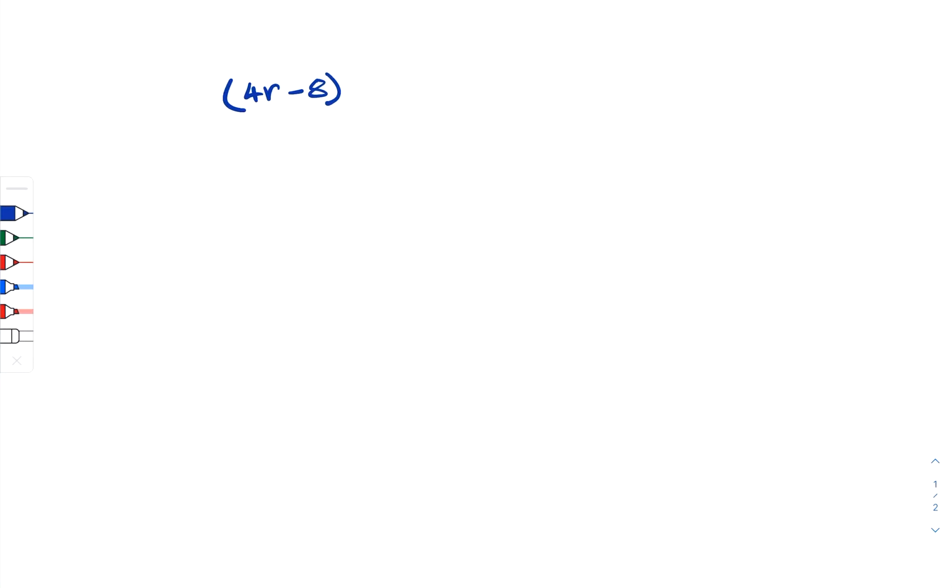4r minus (8) in parentheses, minus (3r plus 12) is equal to 0. Okay, so the first thing that we need to do is get these terms out of the parentheses.